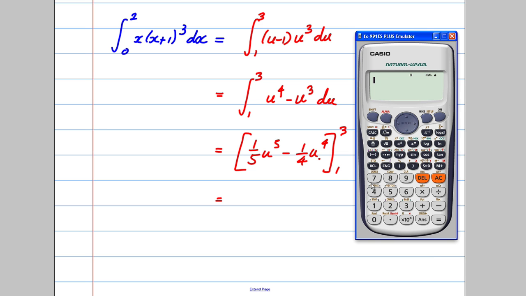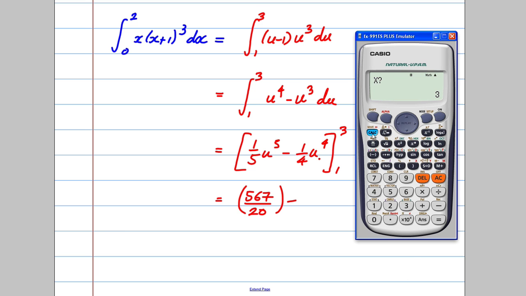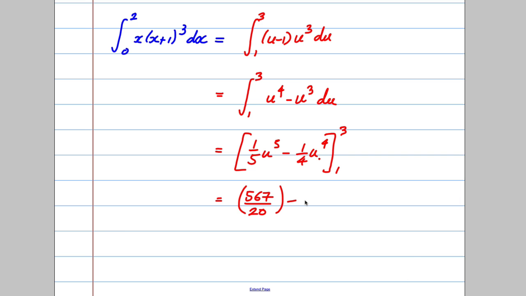So what I would do is use my calculator and write a fifth x to the power of 5 take away a quarter x to the power of 4. And I'm going to work that out at 3, so I get 567 over 20, and I'm going to take off the answer when I put 1 in, so I'm going to put in 1 and take off negative 1/20, like that.